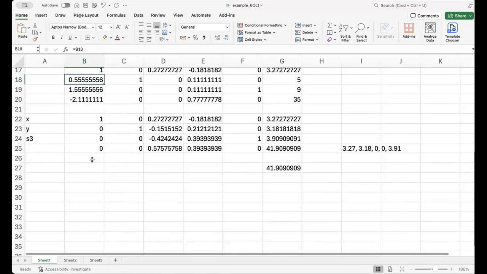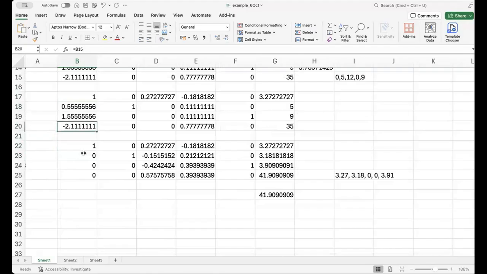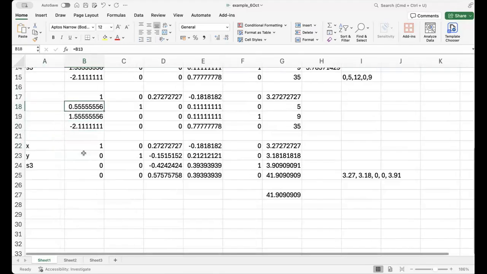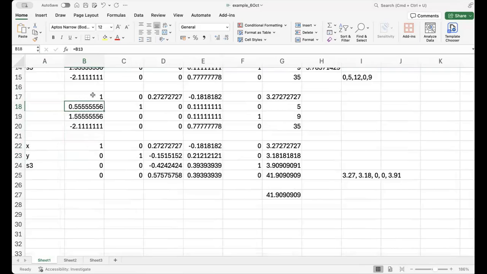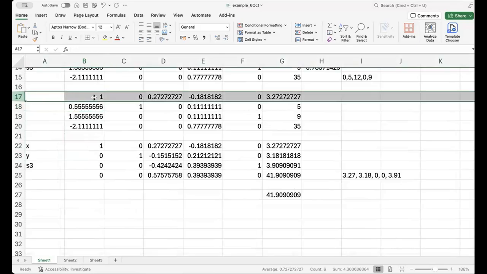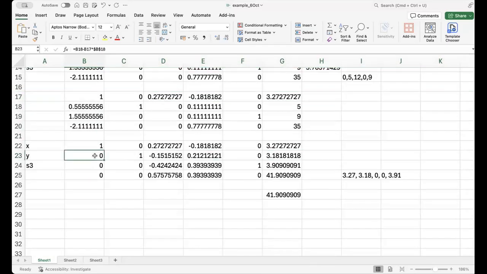And then how to make this element 0? You multiply the first row, this row, by 0.555556, and then you subtract it, and you will get 0. Again, how to make this element 0?